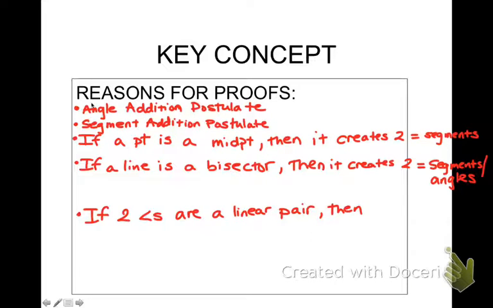Is it either they equal 90 degrees or 180 degrees? Well, think about a linear pair. They are next to each other. And they create what? They create a line. How many degrees are in a line? 180 degrees. So then they are supplementary.